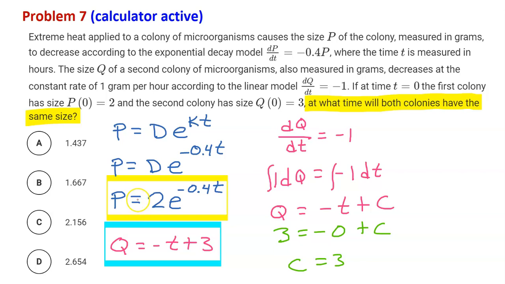So now we have an equation for the size of each colony as a function of time. To answer the question, at what time will both colonies have the same size, let's type both of these equations into the calculator and see where their graphs intersect.